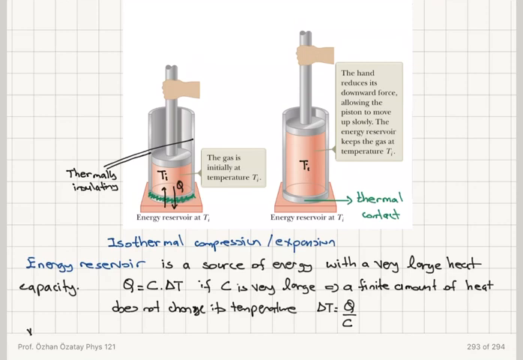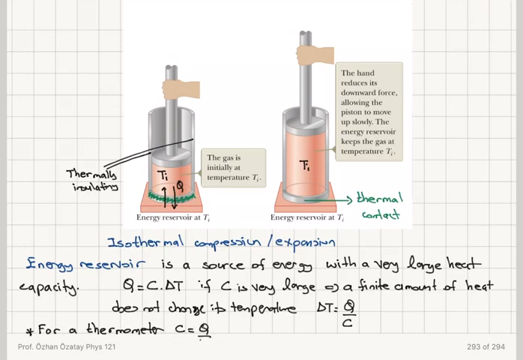So for a thermometer, on the other hand, if we're trying to measure the system, we want the amount of heat needed to change the temperature to be as small as possible.